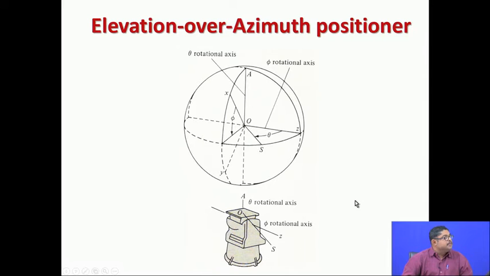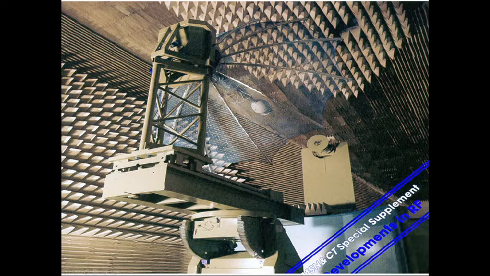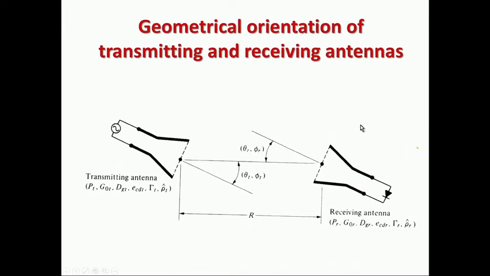So, you see this type of thing. Here you can see that there are gears etc. there, and by that it can move this positioner. These are available nowadays, or you can make your own also if you are running short of money. Particularly in academia, we make this type of thing on our own.